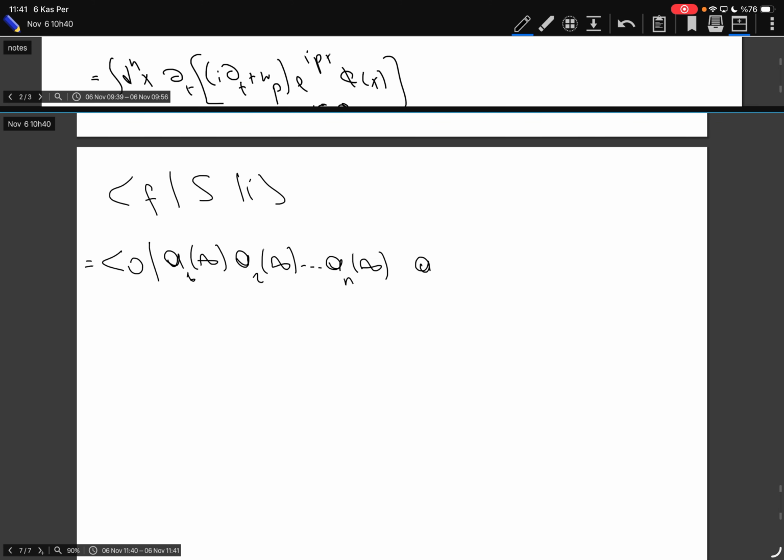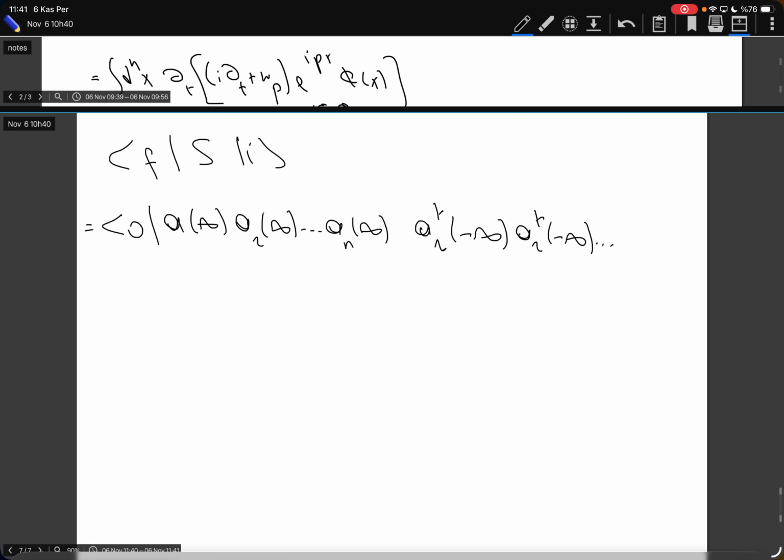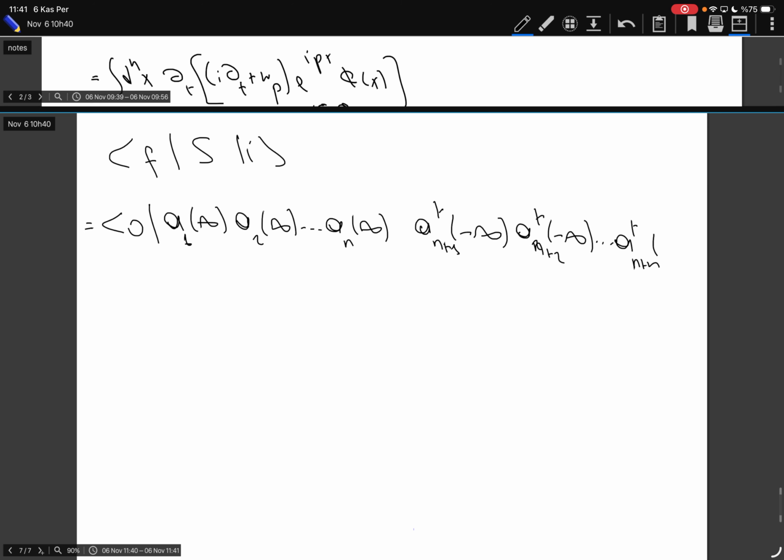And then I have A1 dagger at the time minus infinity, A2 dagger at the time minus infinity, N plus 1, N plus 2, N plus M. This omega is the minimum energy configuration.